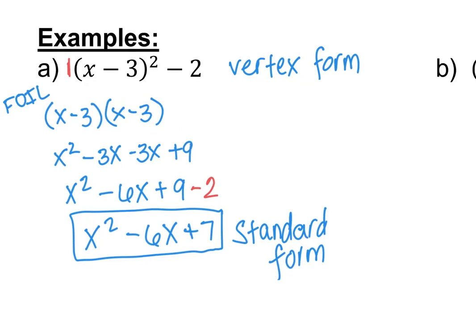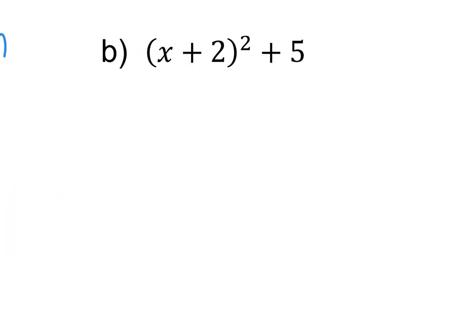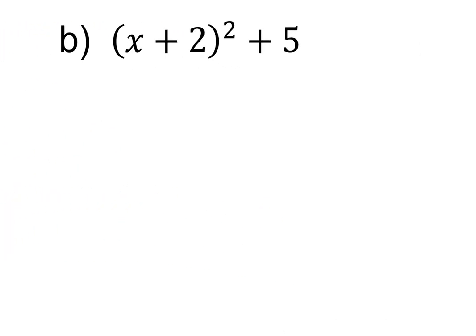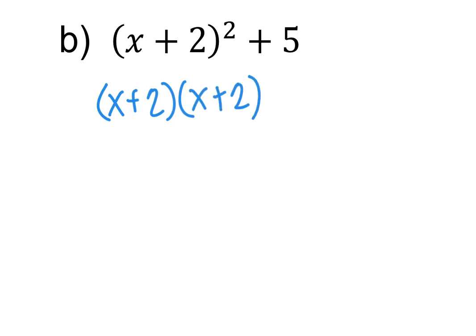Okay, let's go ahead and do B together. What is the first step we do? FOIL, yes, we FOIL out that x plus 2 times x plus 2. So we have to multiply that out using the FOIL method.